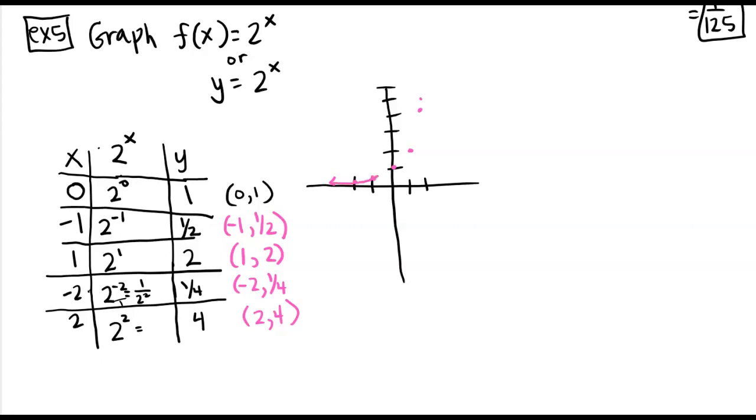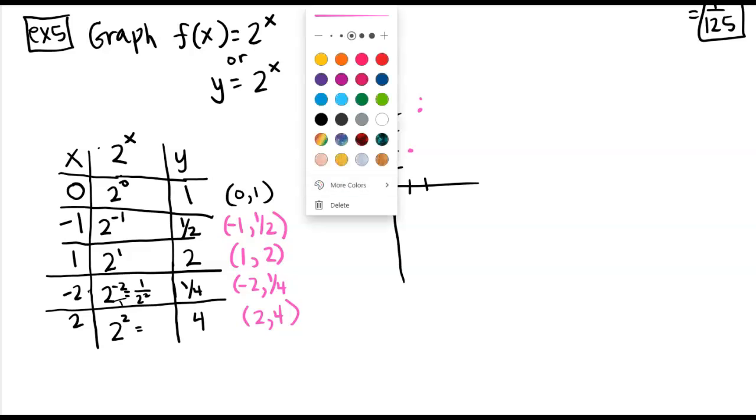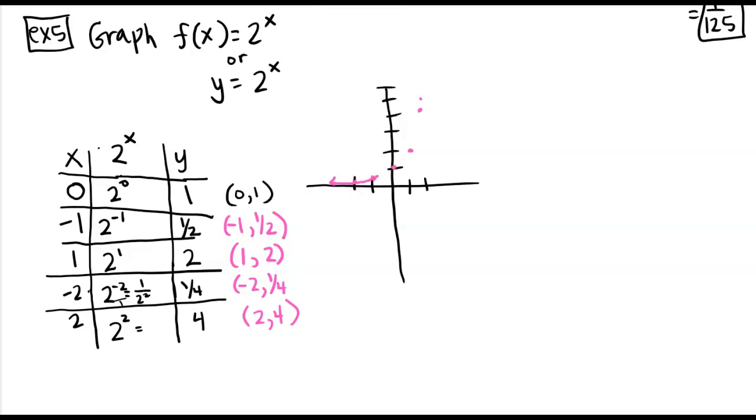Okay, so we have something that looks a little bit like this, and this is going to keep going up and out. This one's getting close but never touching the x-axis, and that's because there's an asymptote here.